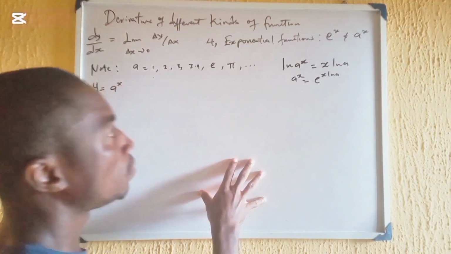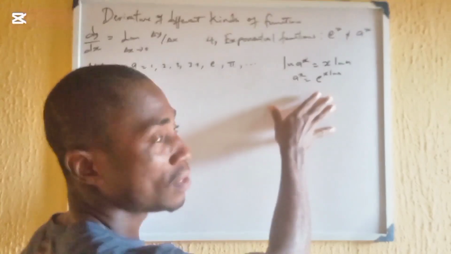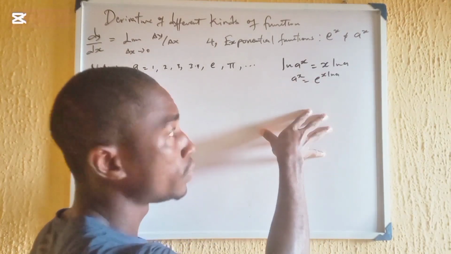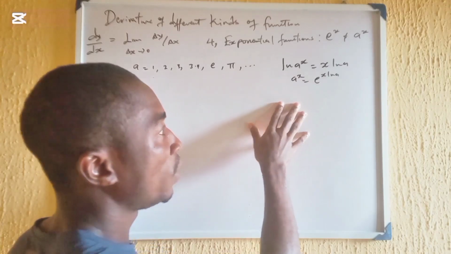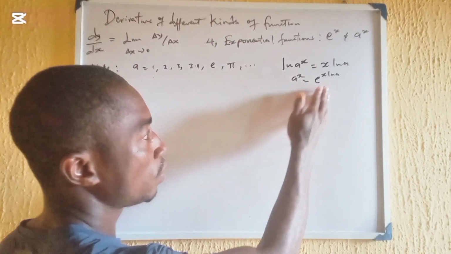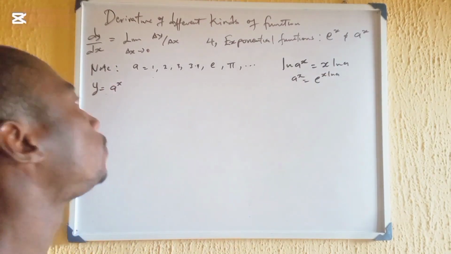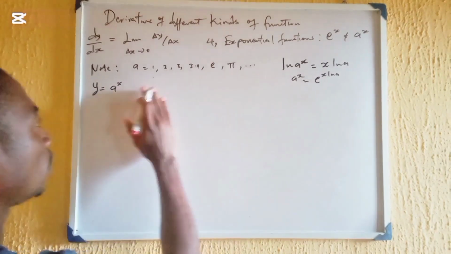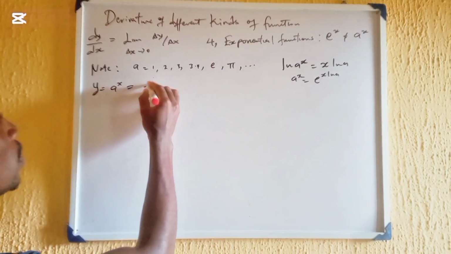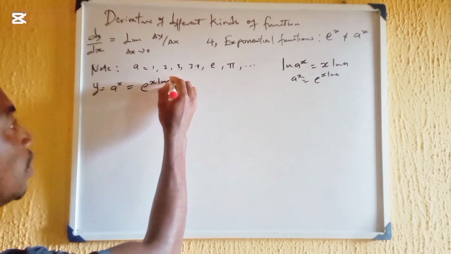Remember from logarithm, ln a to the power x is the same thing as x ln a. Then making a to the power x the subject of the formula, we'll be having a to the power x equal to e to the power x ln a. Now, we have y equal to a to the power x, so we'll have to bring this here. Then that gives us e to the power x ln a.